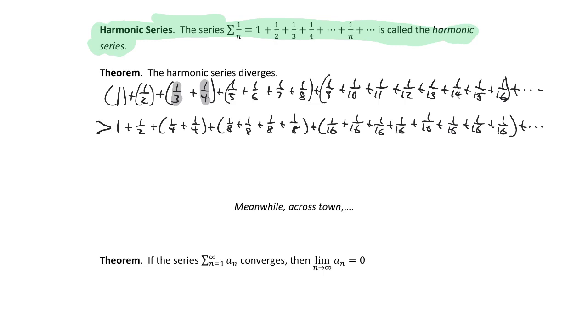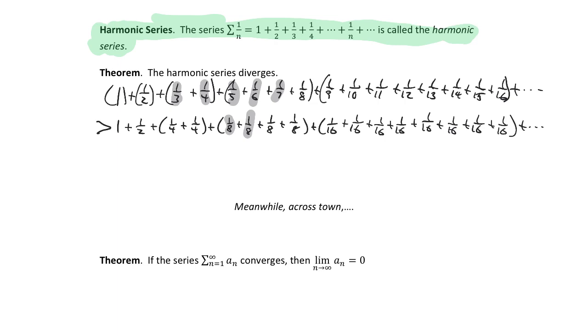I'd rather have 1/3 of a pizza than 1/4 of a pizza. The same thing is true all the way down the line. 1/5 is bigger than 1/8, 1/6 is bigger than 1/8, and so on. So assuming that this first guy actually adds up to something, whatever it adds up to, it's going to be bigger than what the second guy adds up to. That would make sense.